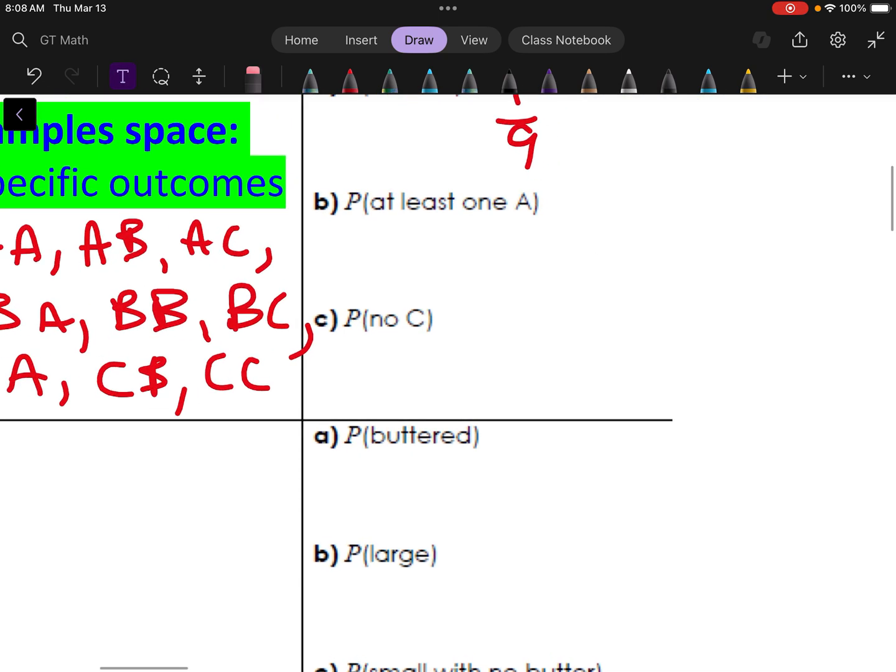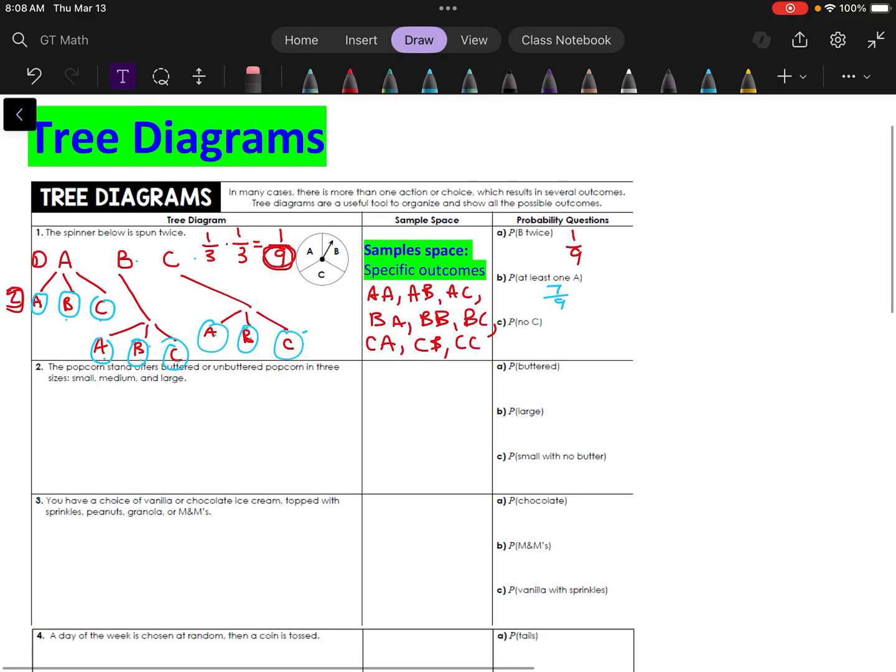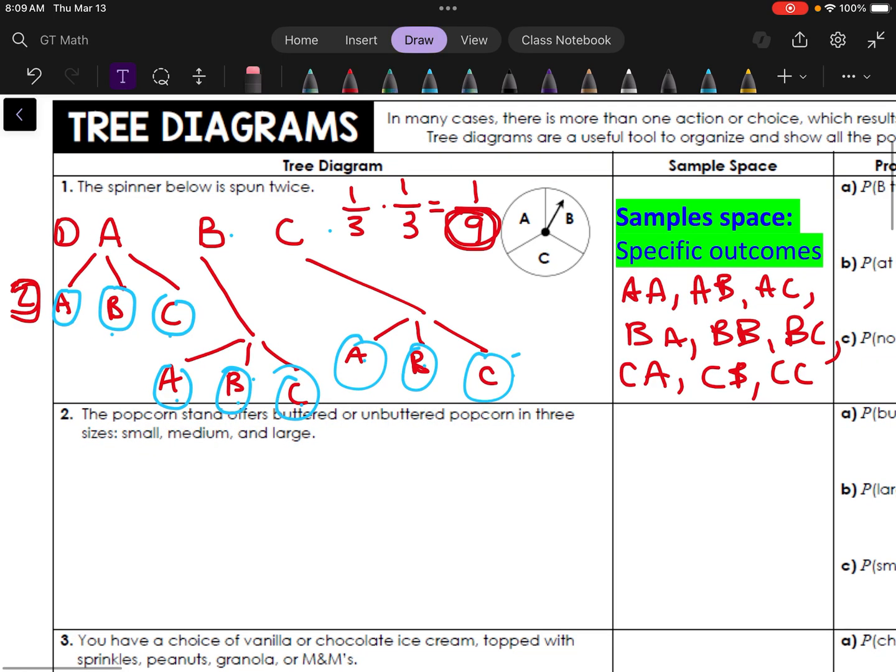So 7 out of 9. And then no C. Well, if you come over here, all of these have C right here. The ones with no C would be BB, BA, and AB, AA. So 4 out of 9.